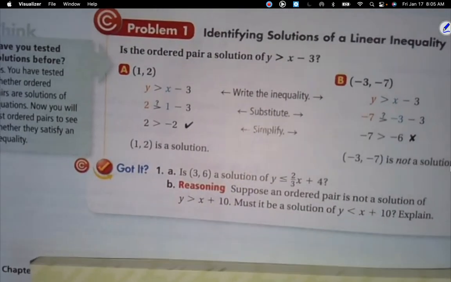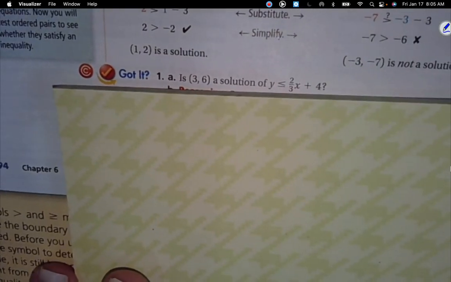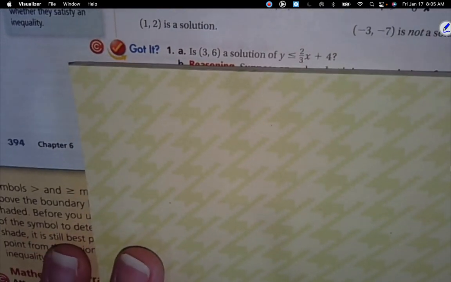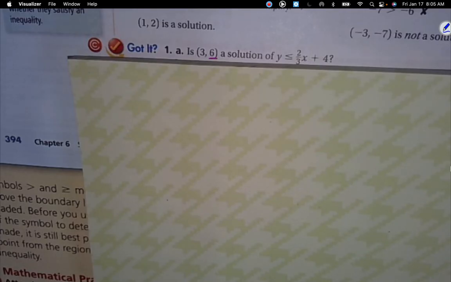I'm going to do a couple of these. All right, let's look at this one right here, that Y is less than or equal to 2/3 X plus 4. I think y'all can kind of see that. So, is 3, 6 a solution? So that means I'm going to plug this in for Y. So 6 is less than or equal to 2/3 times X, which is what?